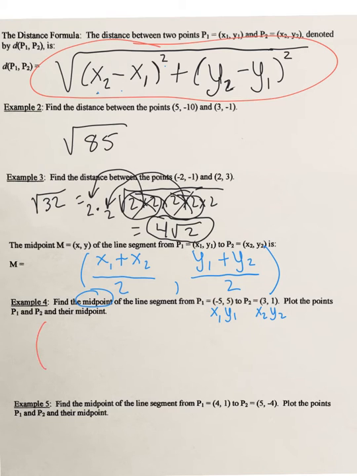Parentheses, x1 first, which was -5, and we're going to add it to x2, which is 3. Then we're going to divide by 2, always dividing by 2 in this formula. Comma, now let's do the same thing with the y's. y sub 1 was 5, plus y sub 2 is 1, and we're going to also divide that by 2.